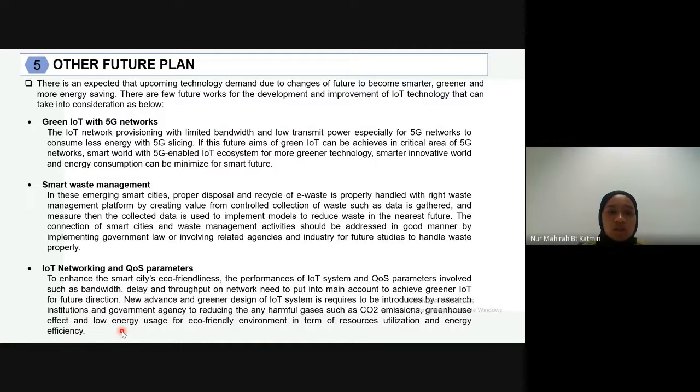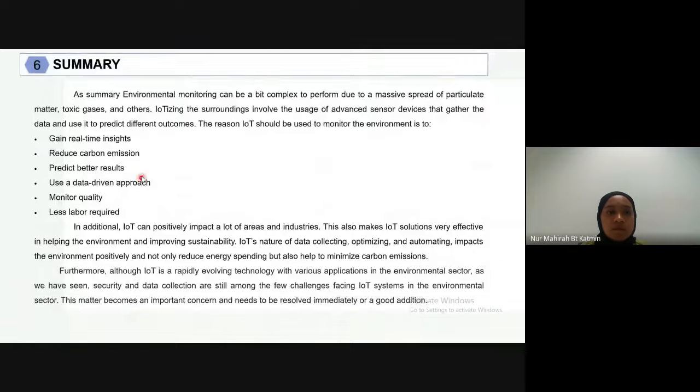New advanced and greener designs of IoT systems are required to be introduced by research institutions and government agencies to reduce harmful gases such as CO2 emission and the greenhouse effect, and to maintain low energy usage for an eco-friendly environment in terms of resource utilization and energy efficiency. Next slide. That was the future plan.